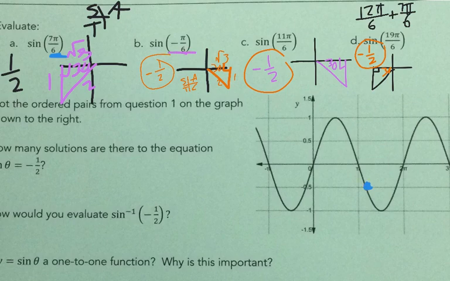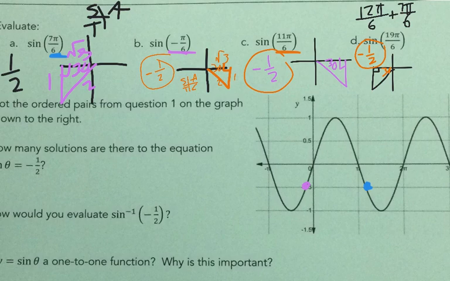Okay, what about the next one? Negative pi over 6. That means I'm going left from 0, right? Negative pi over 6 down to negative 1/2. Okay, the next one was at 11 pi over 6. That's just short of 2 pi. Right? Everybody's okay with that?